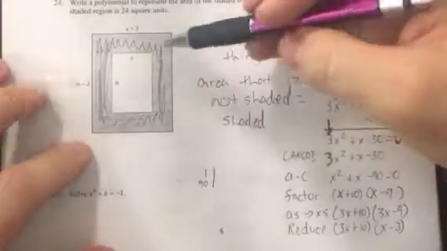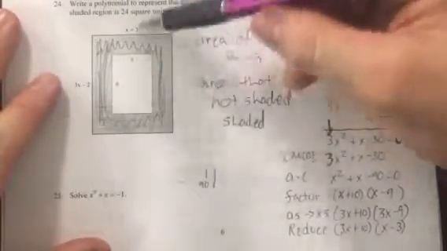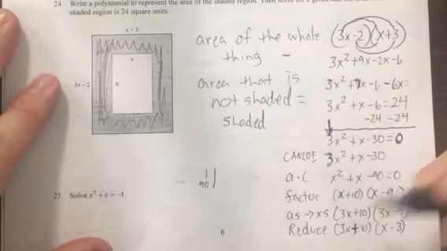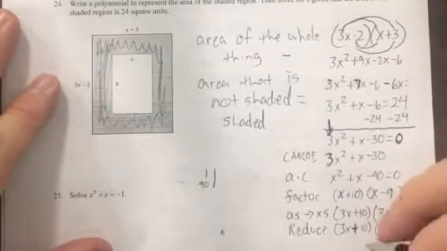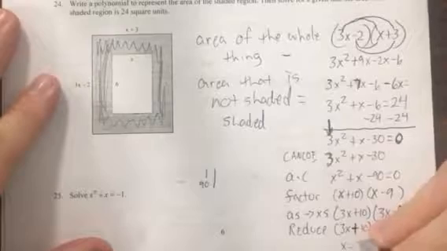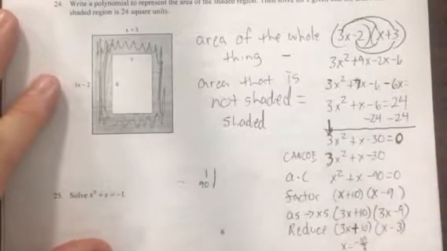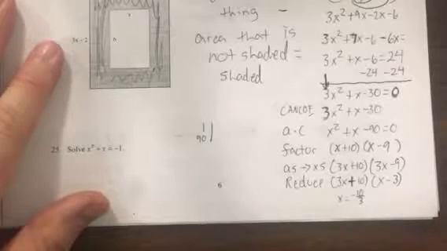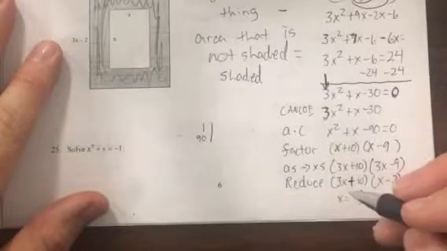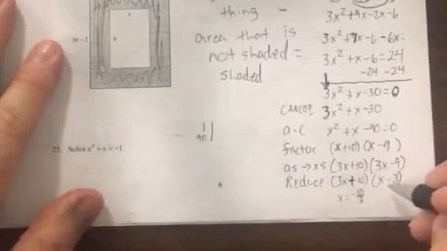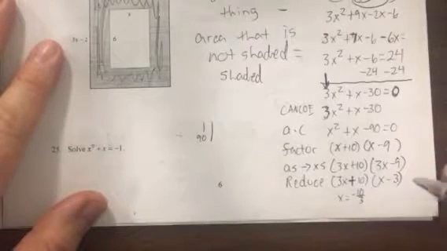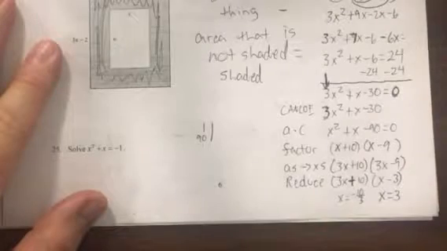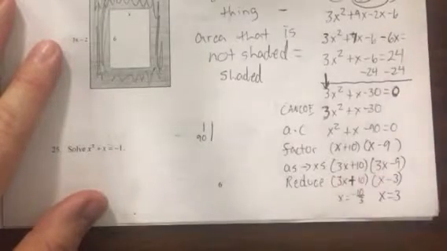Now I'm looking for length. My whole goal is to find length, so I know it can't be negative. And when I solve for this, that's going to be x is equal to negative 10 over 3, and that I can't have. But if I take x minus 3 equals 0, I have my positive, so x equals 3.